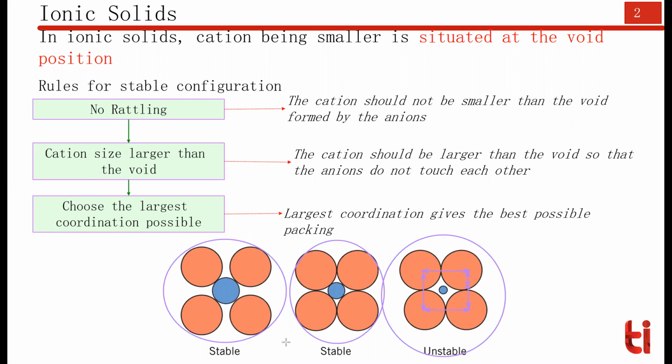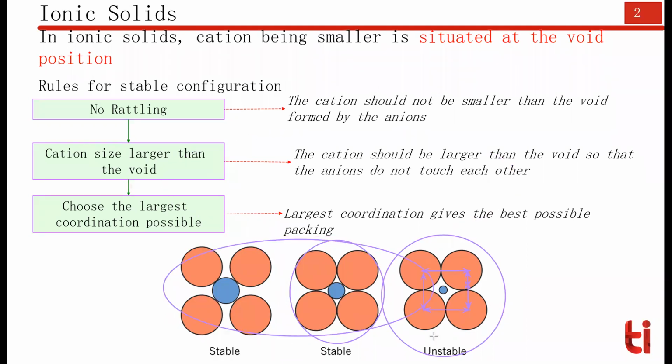Remember, in anion cation distribution, you should have the maximum number of anions surrounding a cation and vice versa. That means the maximum number of cations should also surround an anion, and the maximum number of anions should surround a cation.